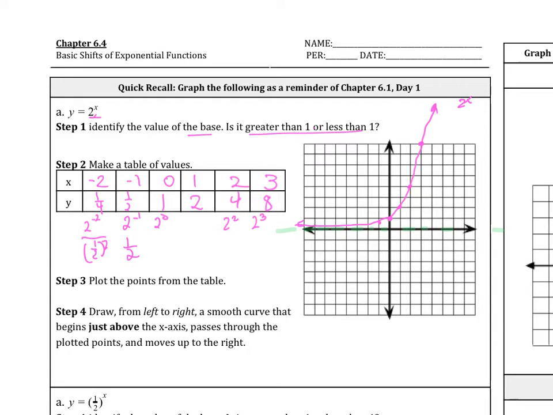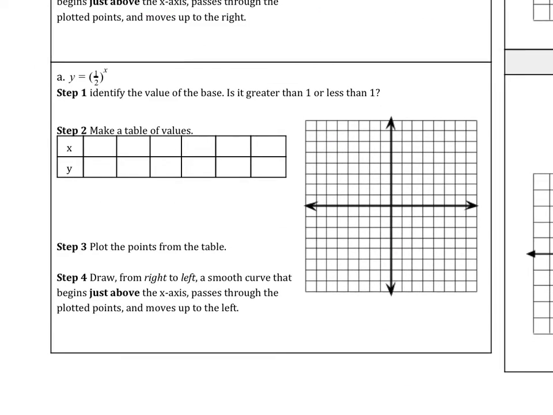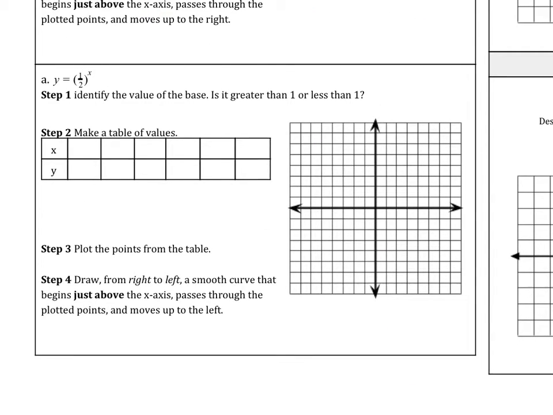And so let's take a look at 1/2 to the x. So this base is less than 1, and so therefore we know it's an exponential decay. So let's plug in some values. Let's do -3, -2, -1, 0, 1, and 2. So if we plug in 0, that is just 1. If we plug in 1, 1/2 to the 1 is just 1/2.